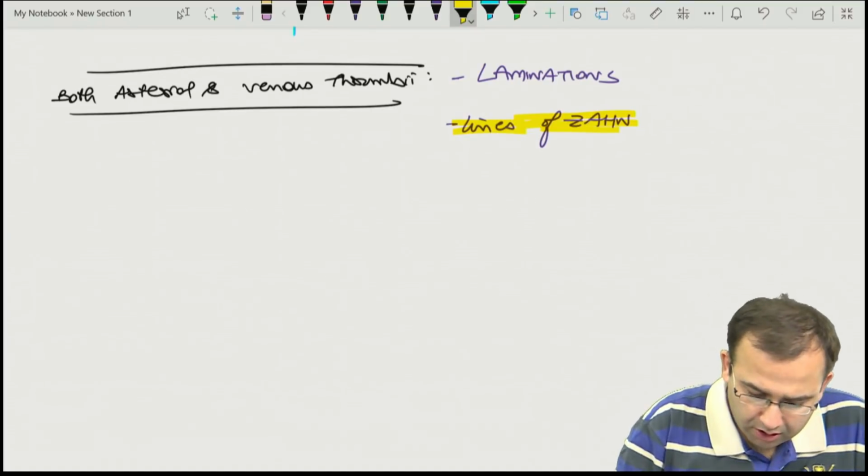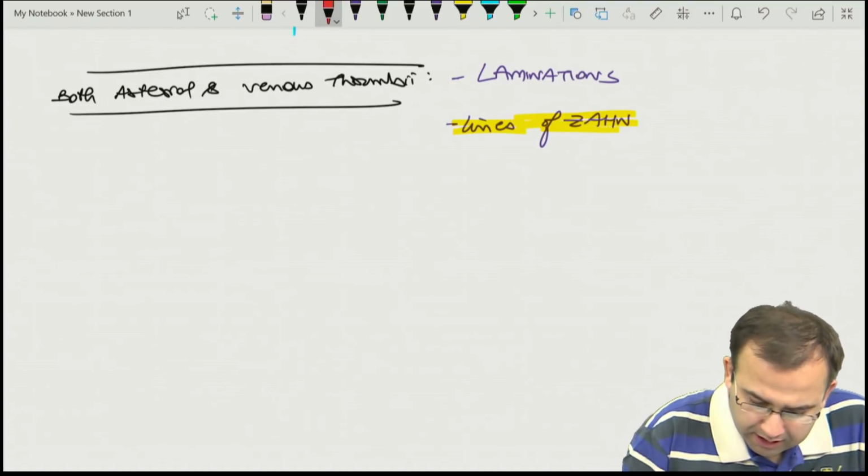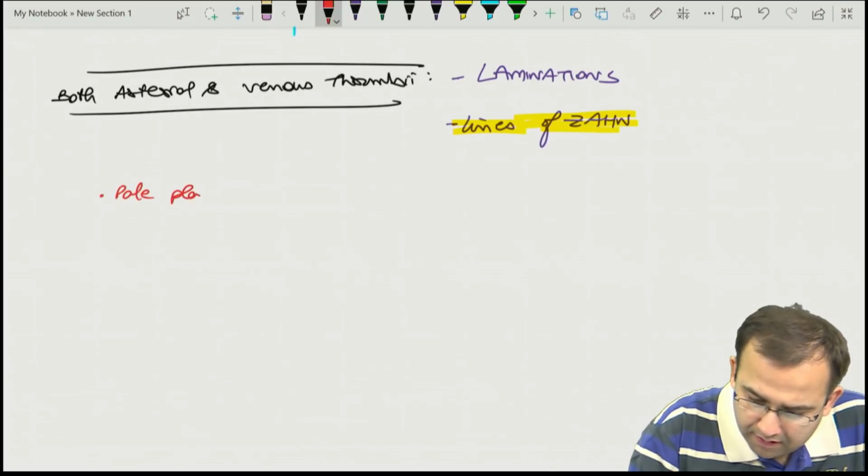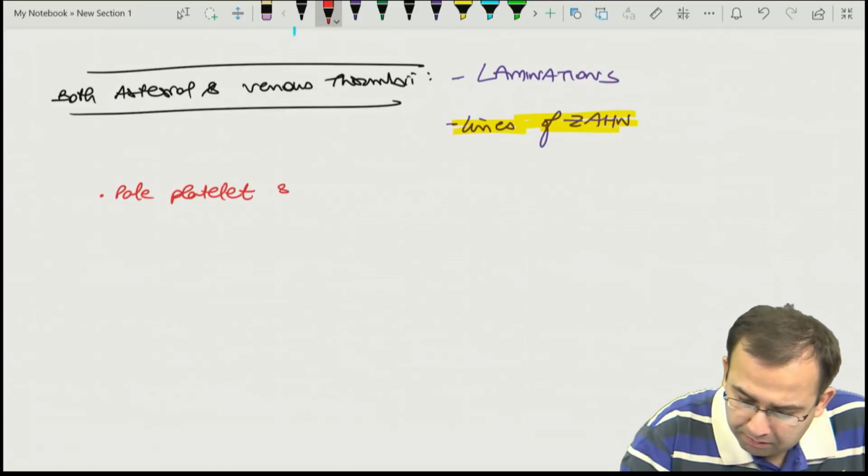This is important. What are they? These are pale platelet and fibrin deposits.